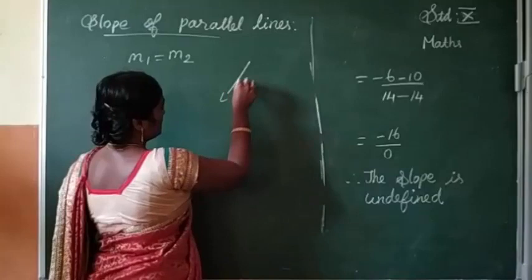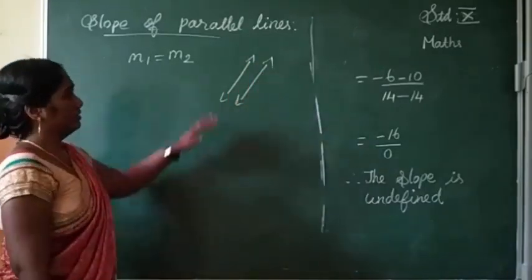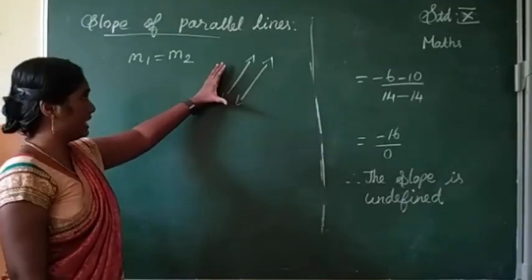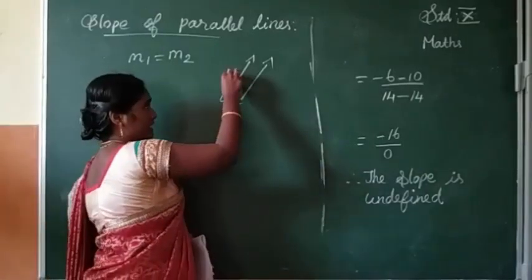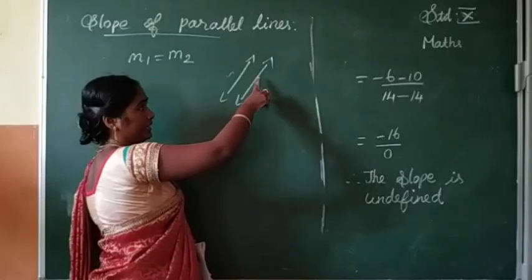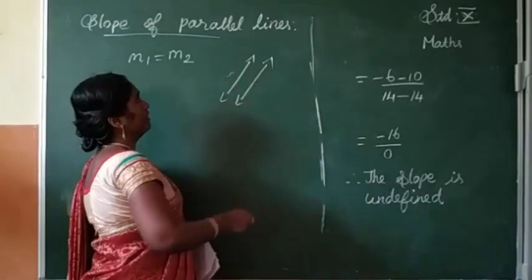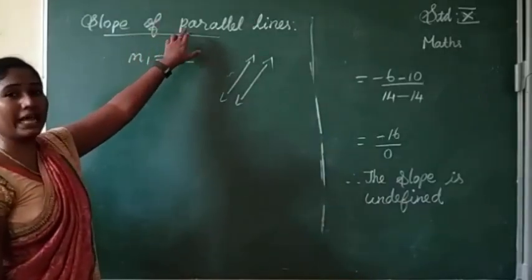Consider these two lines. Two lines are there. These two lines are slanting lines. How can I say these two lines are parallel lines? If I find the slope for the first line, it will give one answer. Again, I will find the slope for the second line. That one also gives one answer. If both answers are equal, then we can easily say the given two lines are parallel lines.